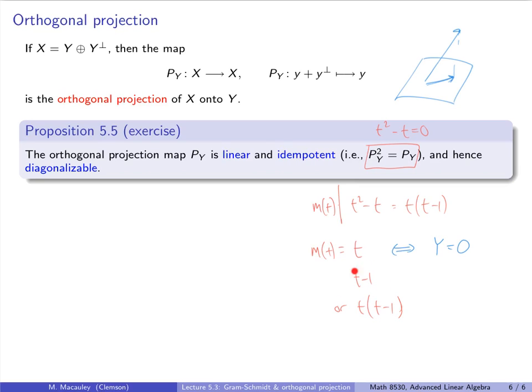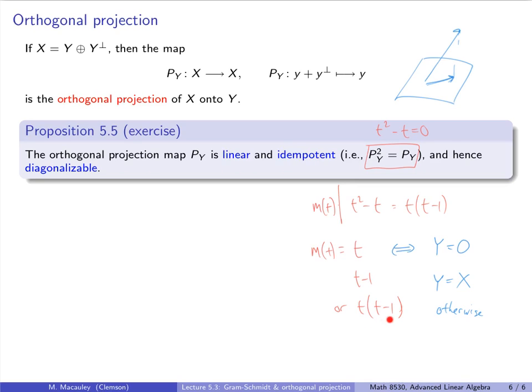This is the minimal polynomial if and only if the projection map is the identity, which means that that is an orthogonal projection onto the entire space. So for all other subspaces, not the trivial one, not the whole space, the minimal polynomial is going to be t times t minus 1. So this is otherwise.